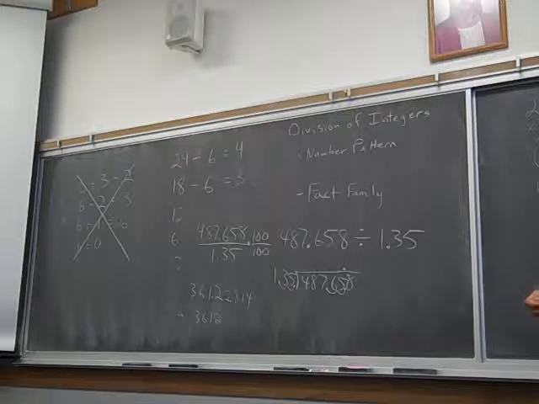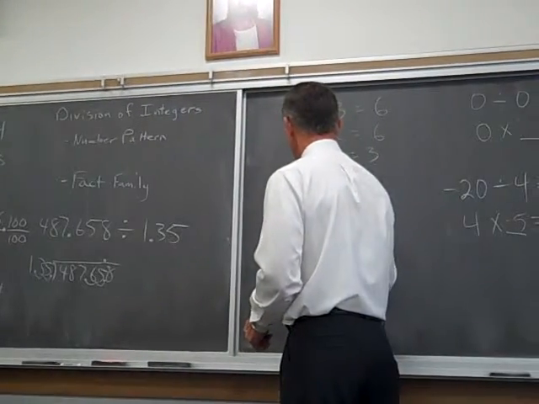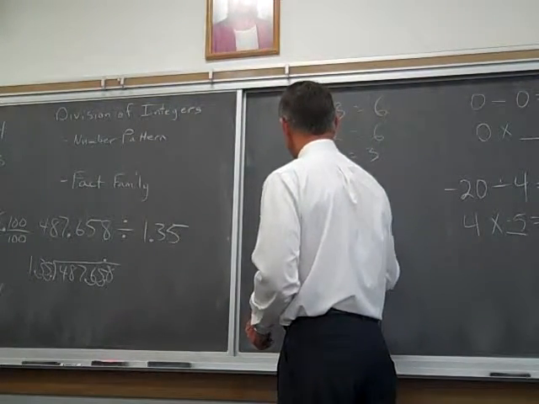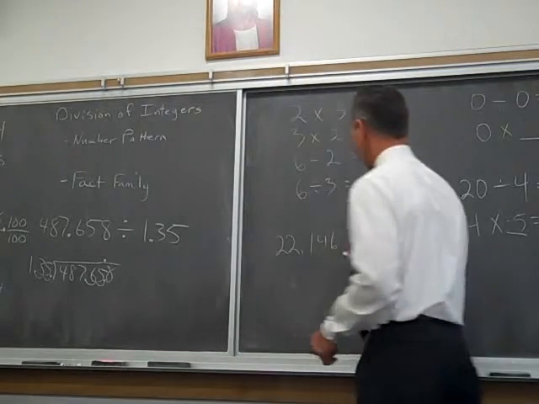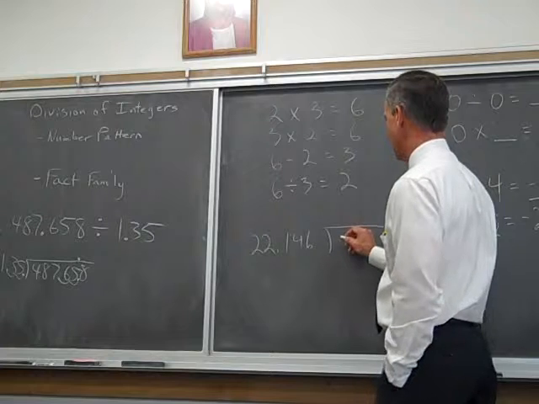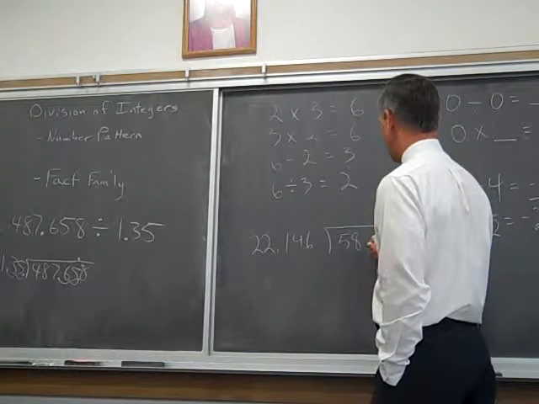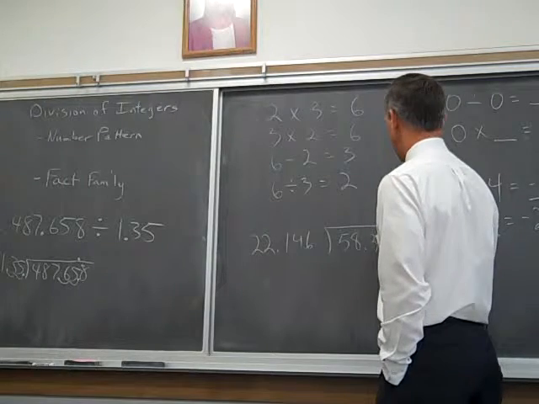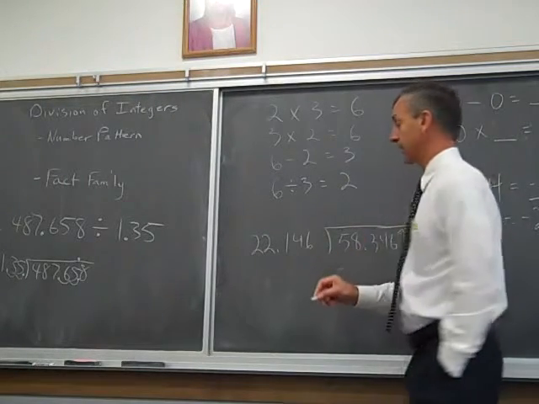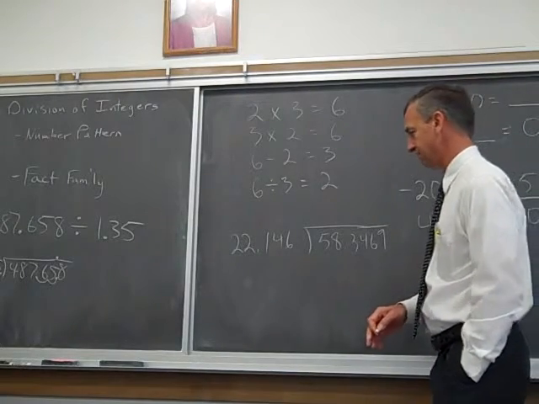Let's try another one then. How about 22.146 dividing into 58.3469? Grab your calculators, don't touch the decimal button.